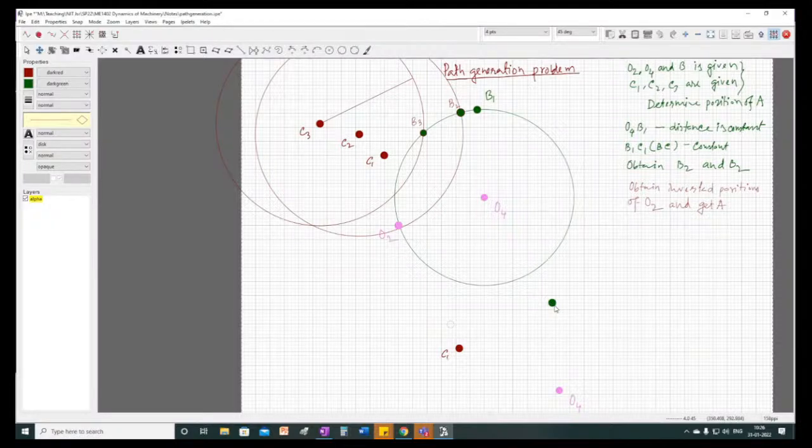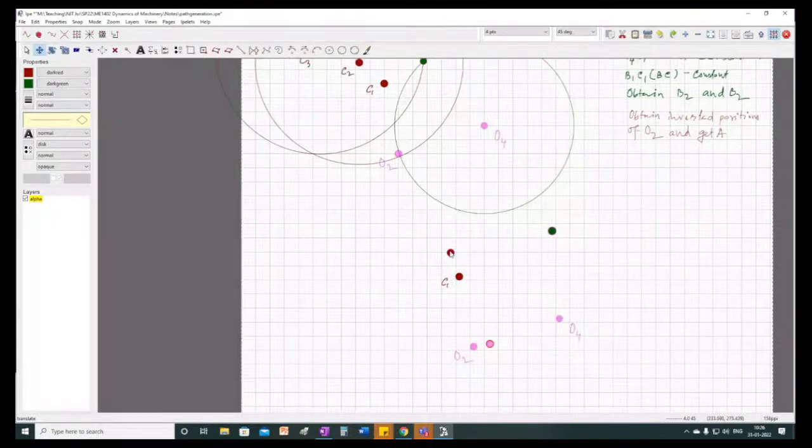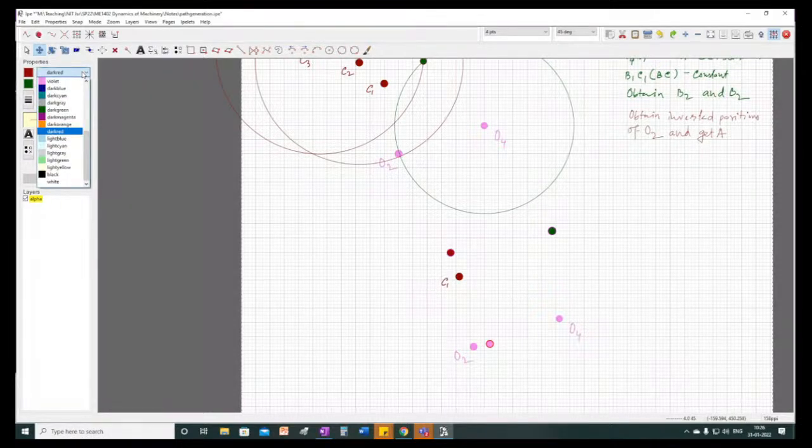Although at this position you see this C, they are not matching. We need to rotate it a little bit. So we will do it using trial and error method. You will have your trace paper, and it is easier for you to do that. Let us change the color so that we can understand that this is the position 2 properly.